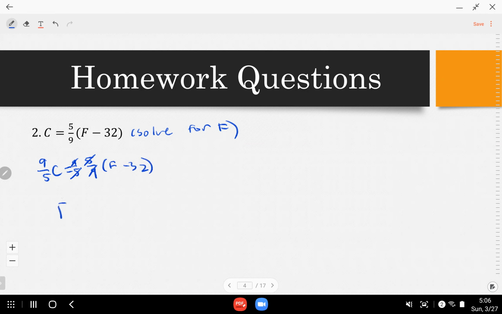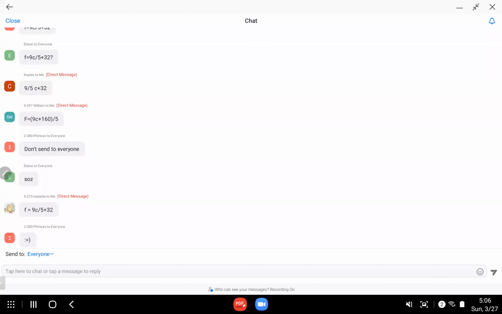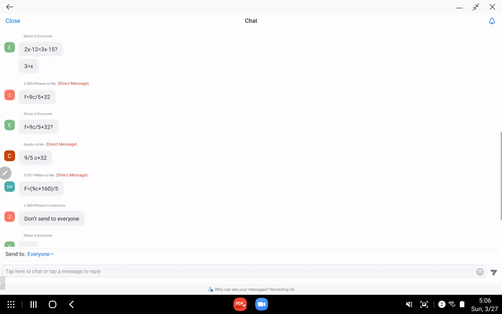Then you get F minus 32, so F is equal to 9/5 C plus 32. So Fahrenheit is equal to 9/5 times the Celsius plus 32. Are there any questions about this? Any questions?